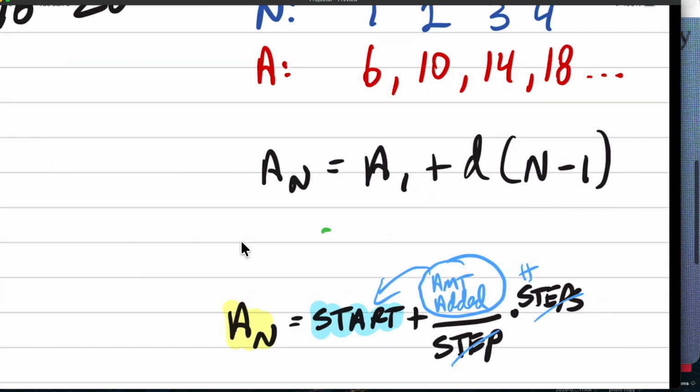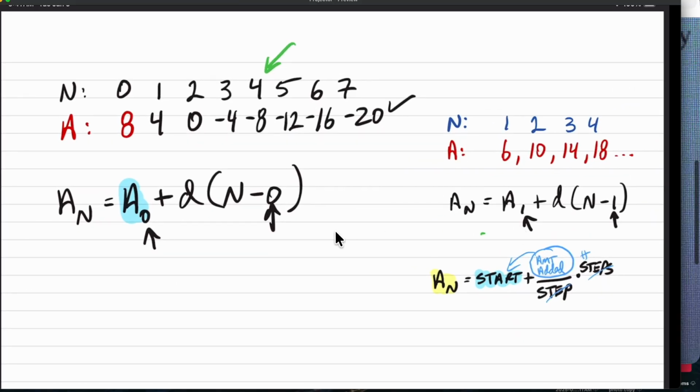That's your starting point. N is your ending point. As long as you have n minus the starting point as the number of steps you take, you will be okay. Here it is: n minus the starting point. There's your starting point.